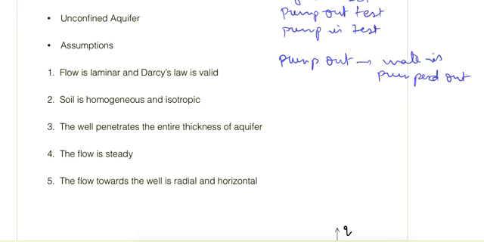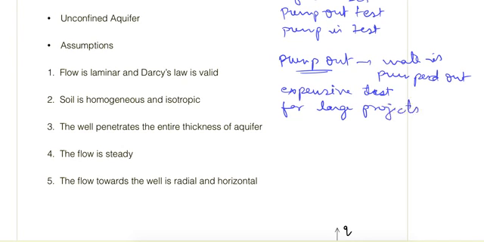So what happens in this case, first of all, pump out test is a very expensive test. So it is done for large projects, but it gives reliable values. So it is the most reliable test for finding out the coefficient of permeability.